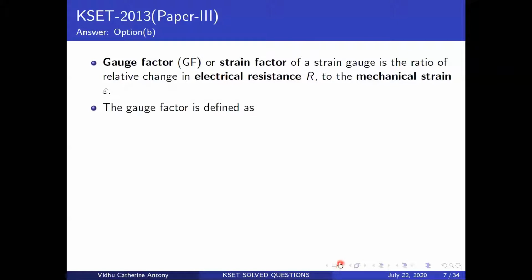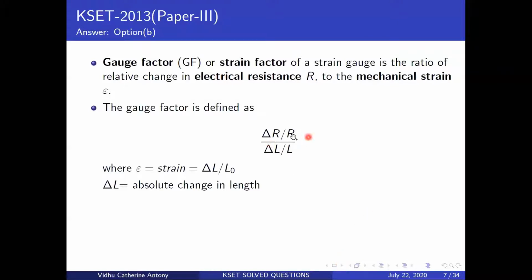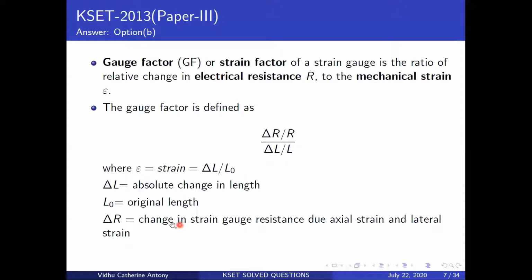Okay, the gauge factor here is defined as delta R by R divided by delta L by L. So this is basically your strain, delta L by L, the absolute change in your length over your original length. Okay, there should have been an L naught here.